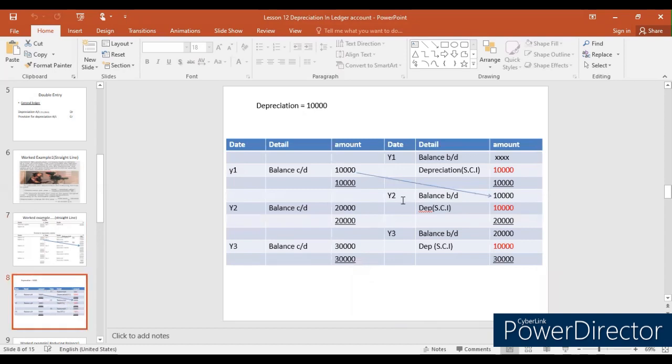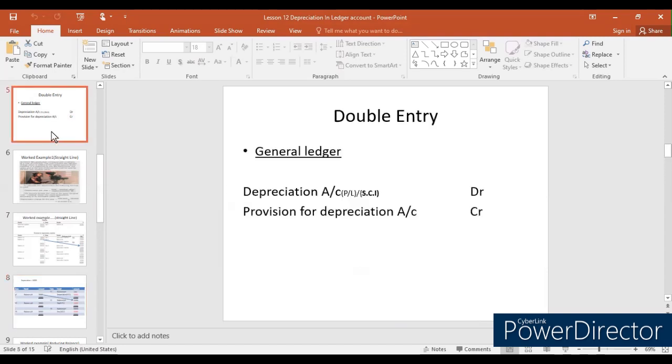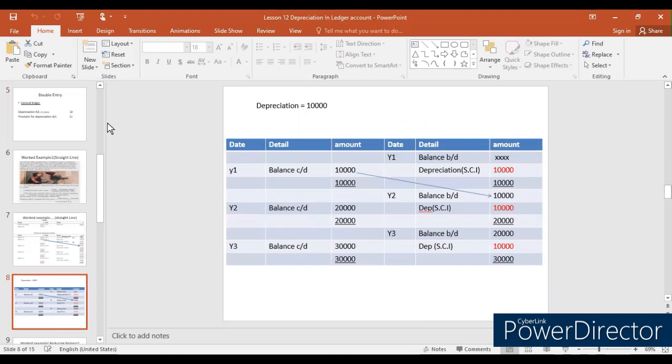At the beginning of the year, depreciation was nil because there is no depreciation at the starting year, so balance brought down is 0. I put a cross here. Then we go to the double entry: depreciation account debit, provision account credit. The depreciation amount is 10,000. The depreciation account or statement is debit, we don't need to be concerned with that. The provision account will be credited.